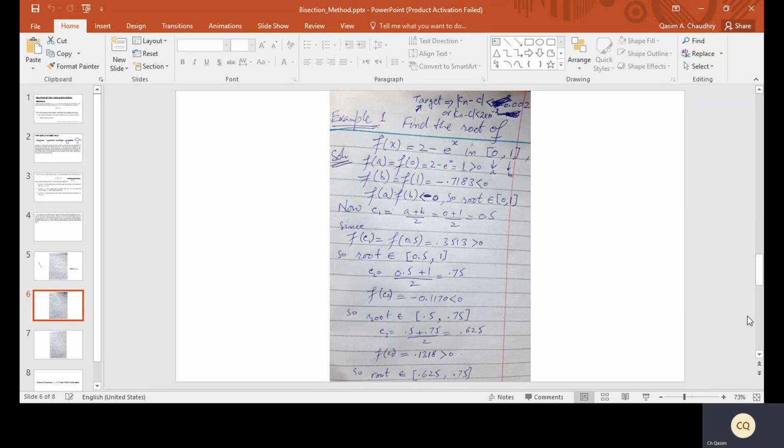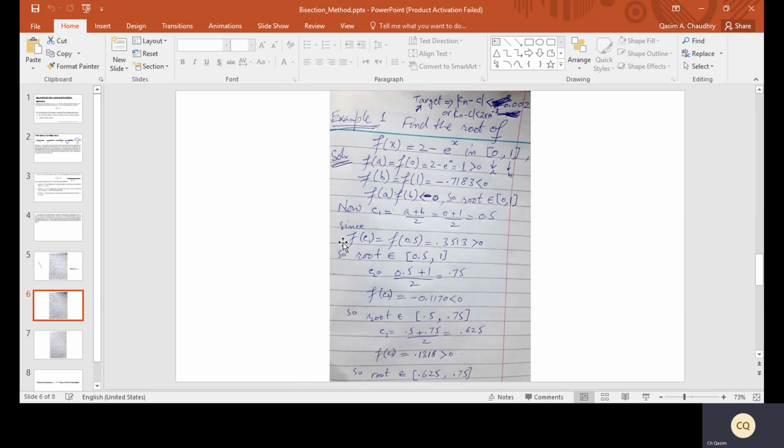One is positive and one is negative, so it means the root definitely lies between the interval a and b. I have written this: the root belongs to (0, 1).